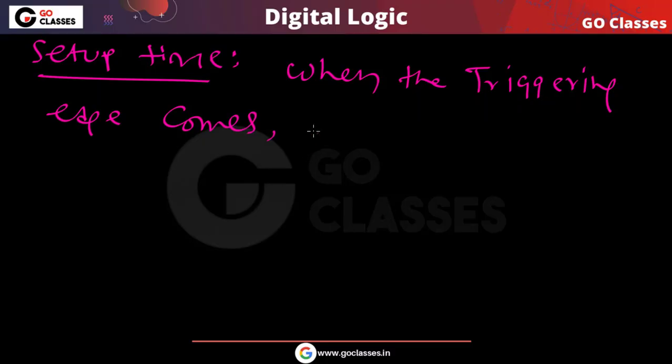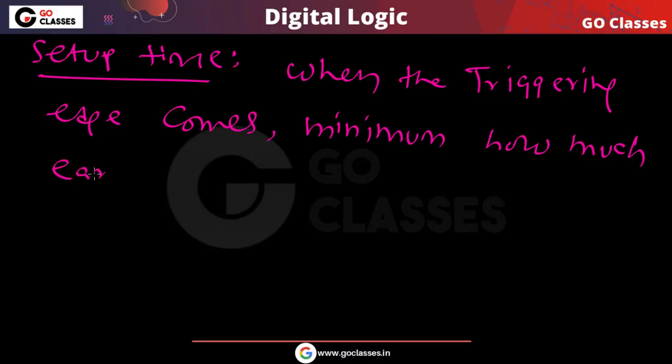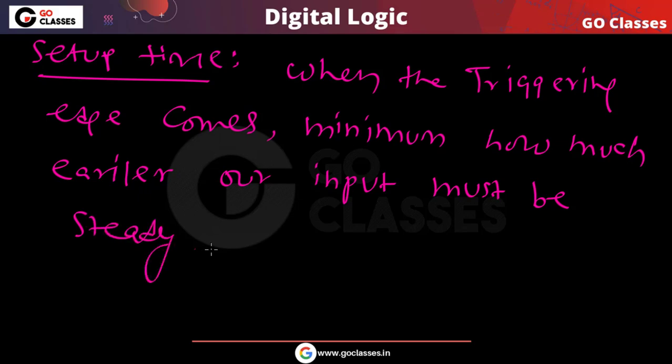So when the triggering edge comes, the minimum time earlier that our input must be steady, or available, is called setup time.